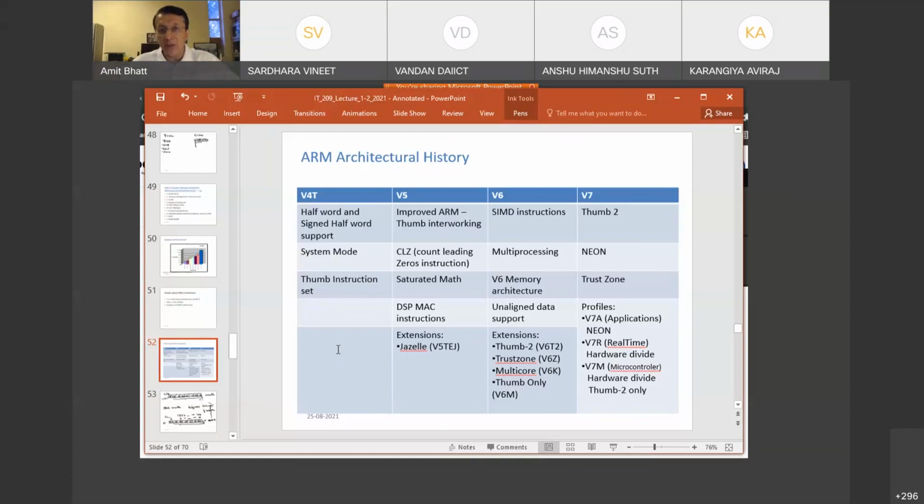But then changes were made in Java technology. And at that time, the just-in-time compiler came. The Java virtual machine in hardware was obviated by the just-in-time compiler. So because of that, suddenly this extension was useless.